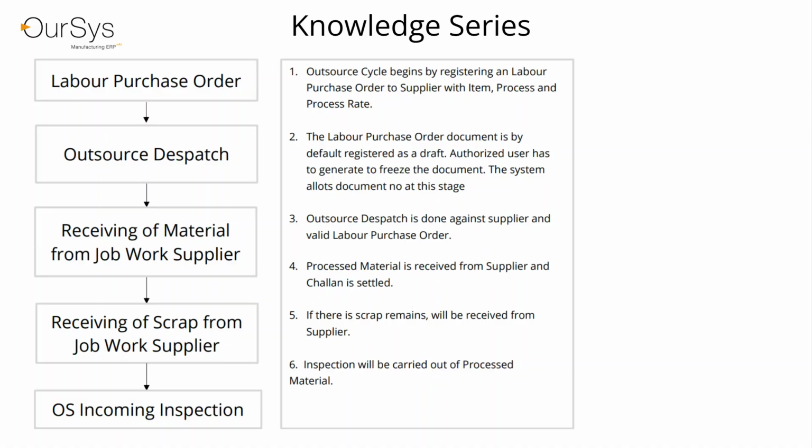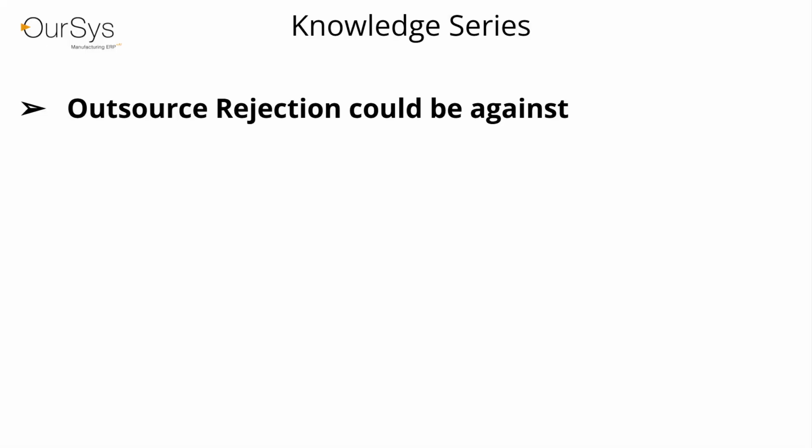Based on this process, the outsource rejection part has a slight difference in how the rejection is managed. So we are going to see how you manage the rejection against the outsource.